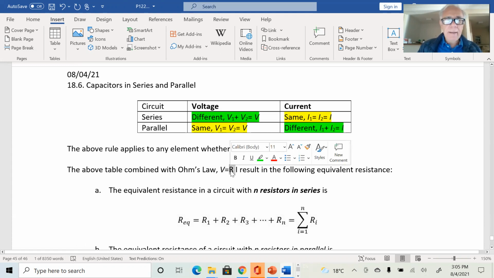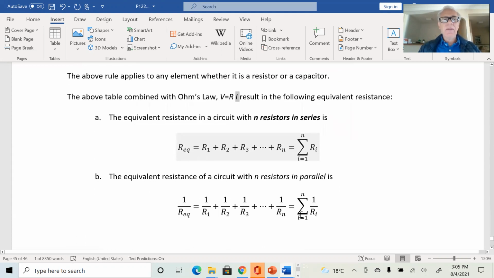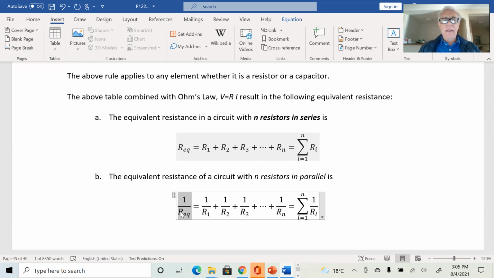We can prove that. It is possible to prove it, but I'm not going to do that. I think it's easier to memorize. It's rather easy. Don't forget that it's the inverse of the equivalent resistance. That's what we got in the lab, that's what I showed you in the lab.